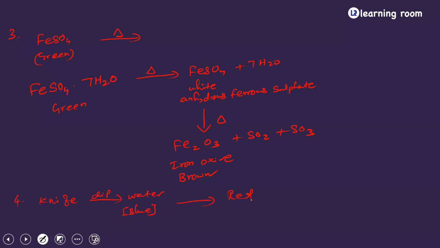So the fruit is acidic. The fruit juice contains an acid. That's why it changed blue litmus to red. Okay.